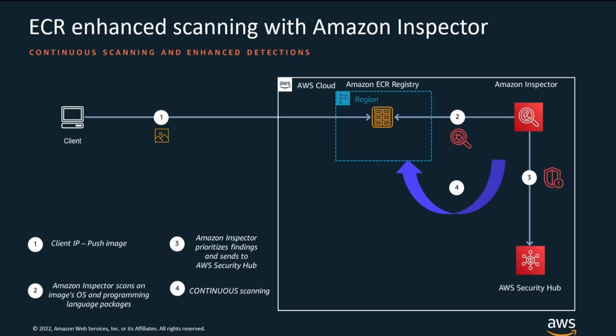After doing so, Inspector prioritizes these findings and sends them to AWS Security Hub, which is another service that allows you to gather results from various sources. In this case, Inspector sends findings and events to Security Hub. The key benefit here is continuous scanning across multiple AWS accounts.